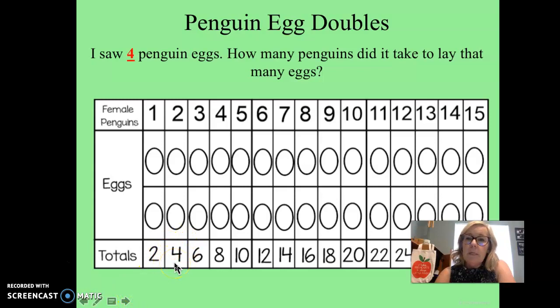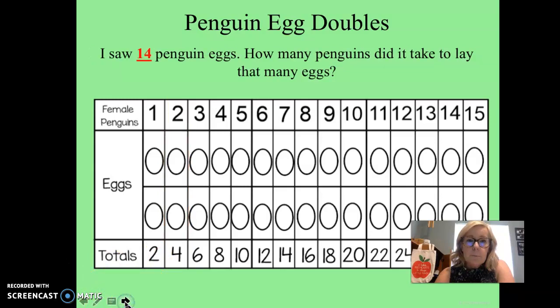How many penguins did it take to lay that many eggs? 2. I saw 14 penguin eggs. How many penguins did it take to lay that many eggs? 7 plus 7 equals 14.